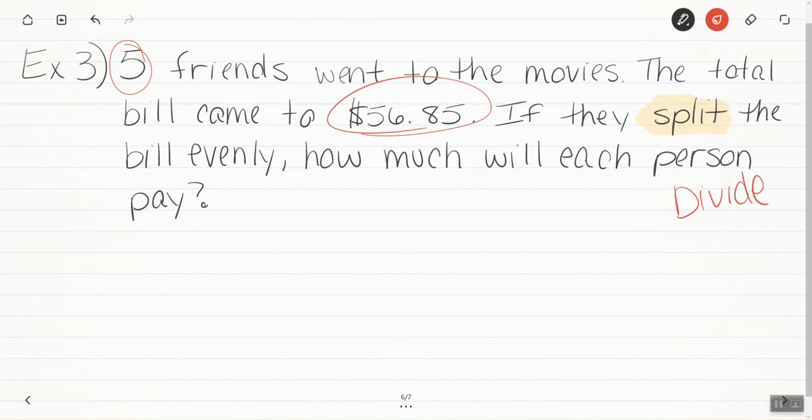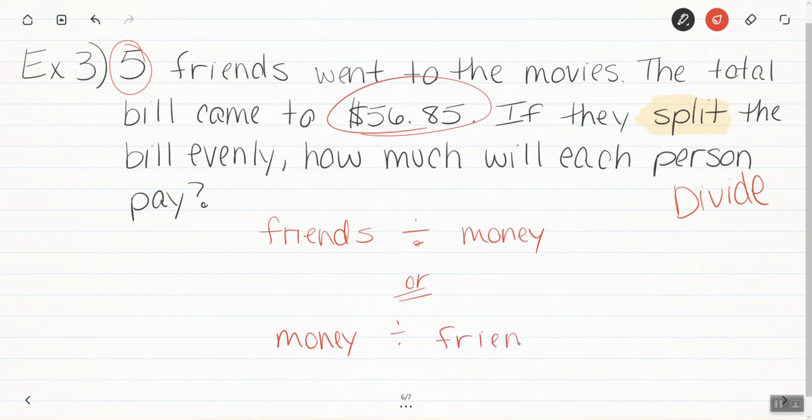Now the question I have for this problem is I have 2 options of how to solve it. So am I going to take my friends and divide them into money, or am I going to take my money and divide it amongst the friends?